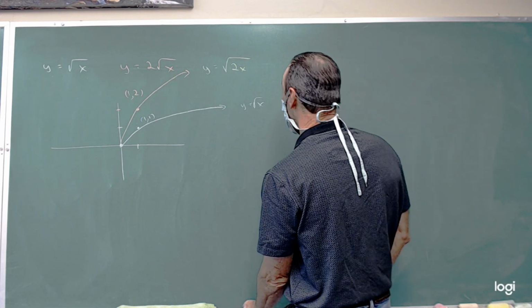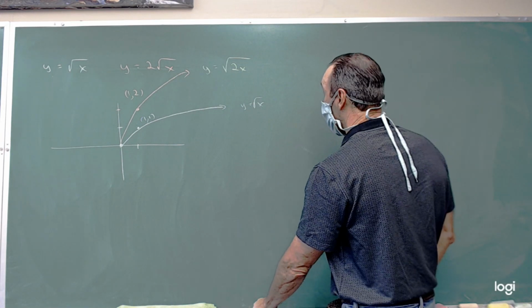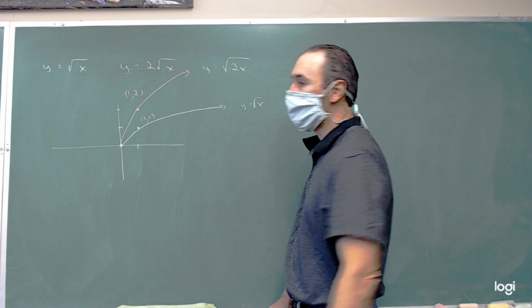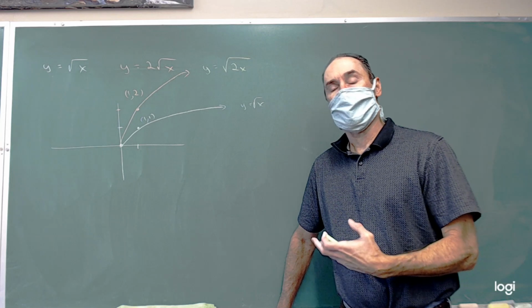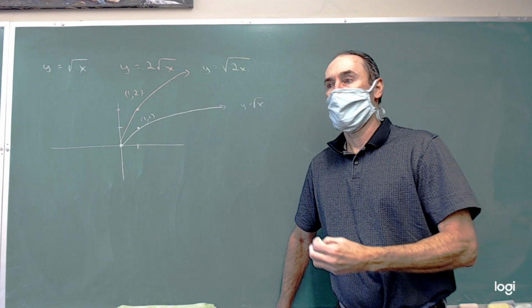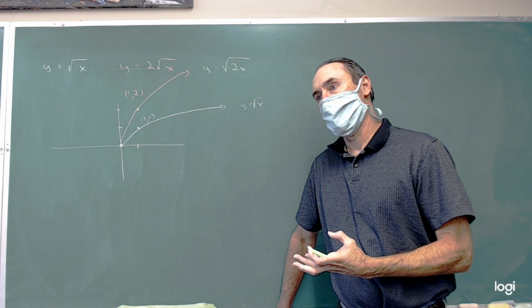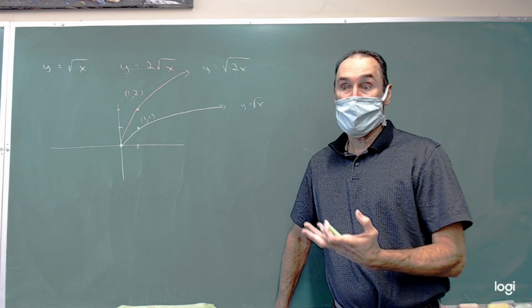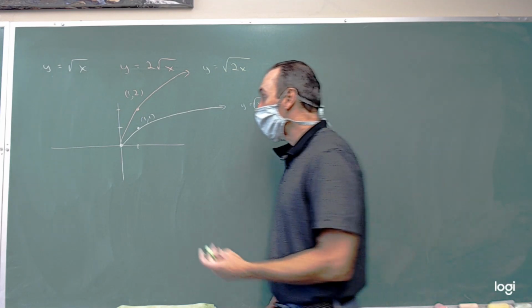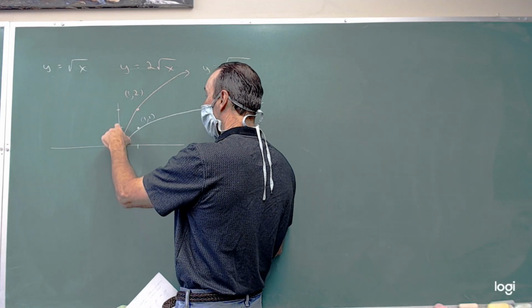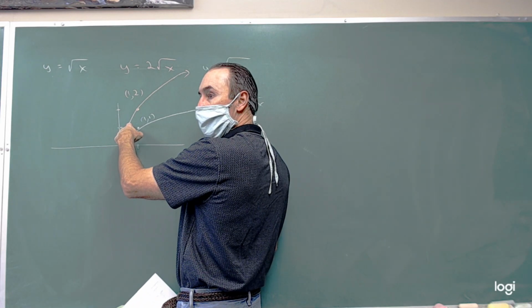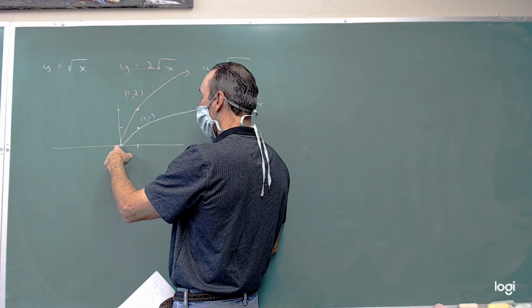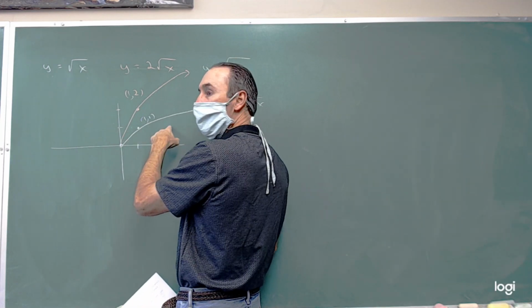And let's do, I guess we chose green for the square root of 2x. Now, the 2 inside the function, inside that square root, is that a horizontal stretch or shrink? Shrink. It's a shrink. Okay, but we can only do this by going up 1 over a half. We cannot think of that as going up 1 and over 2.